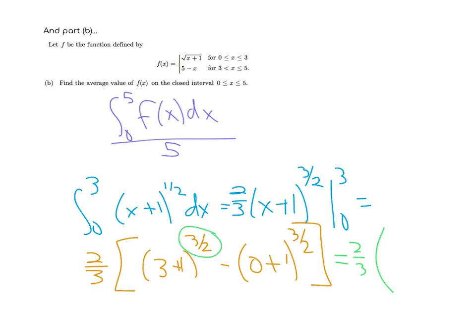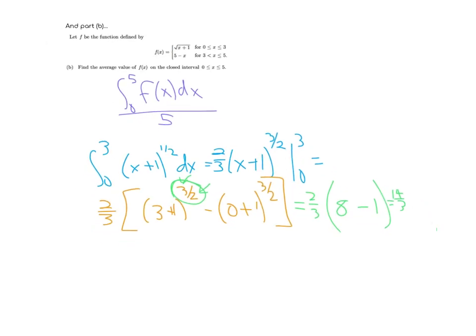Now this 3/2 piece means take the square root, so the square root of 4 is 2, and then cube it, so that would be 8, because 2 cubed is 8, and then that's 1 to the 3/2, which is going to be 1. So that's 7, and then that's 14 thirds.